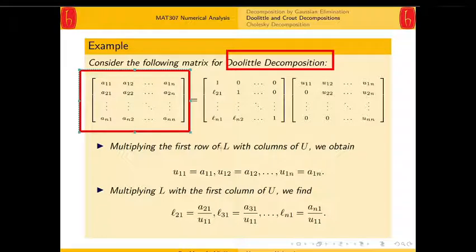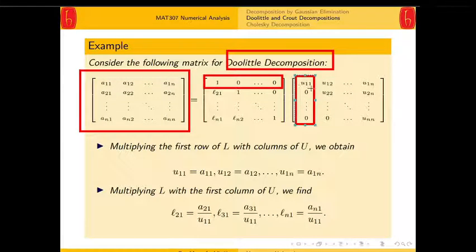Multiplying the first row of L with the columns of U. The first row of L is here. If we multiply this by the columns of U, considering the very first column, we will have U11 here, because we have all zeros there. So even if we multiply this with the other entries besides the first one, we will still obtain zeros.